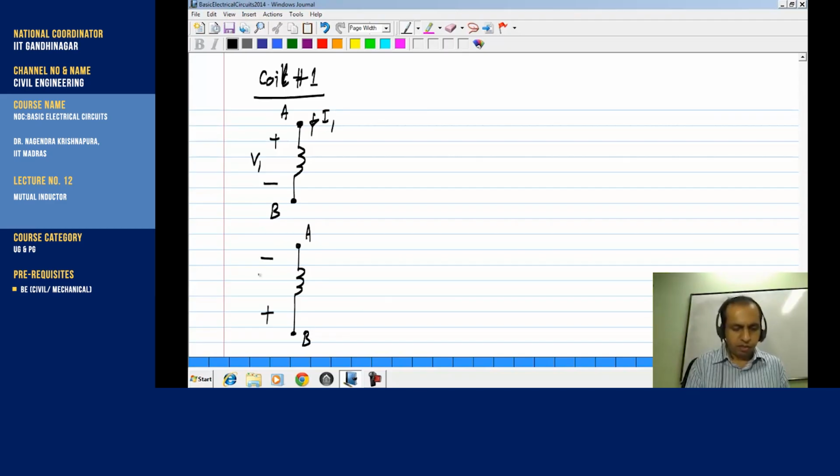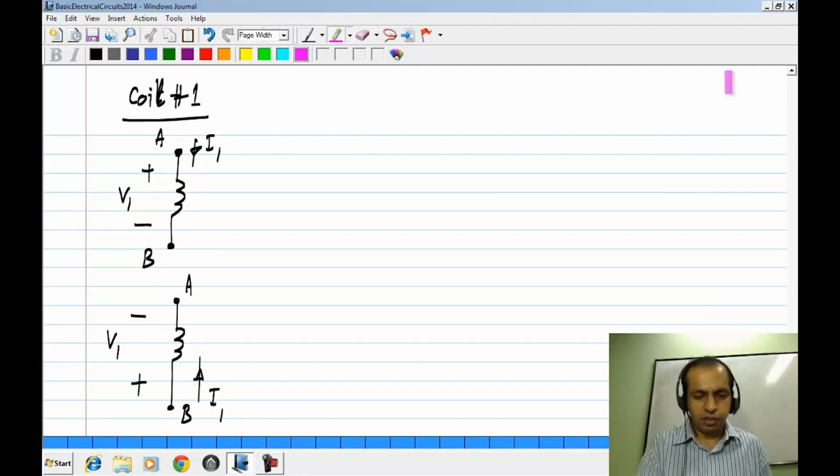I could equally well have defined V1 in the opposite direction, and to be consistent with passive sign convention, I have to consider I1 in this direction. Okay.